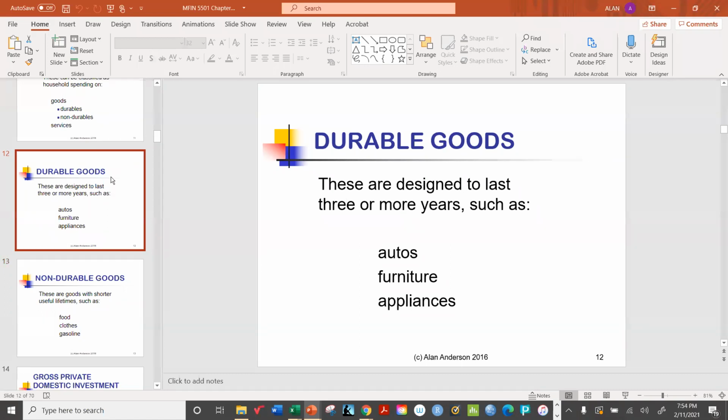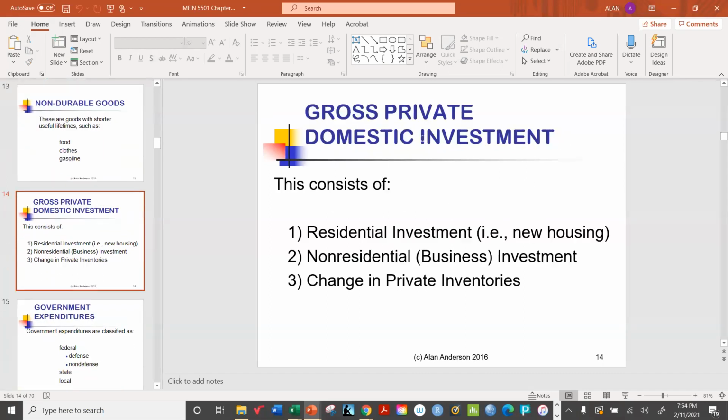And by the way, it doesn't show it here, but durable goods account for about 2/3 of GDP, and private investment is about 15 to 20%. So anything that affects both of those categories is going to have a huge impact on the economy. So interest rates are a huge, huge deal when it comes to their impact on the economy.